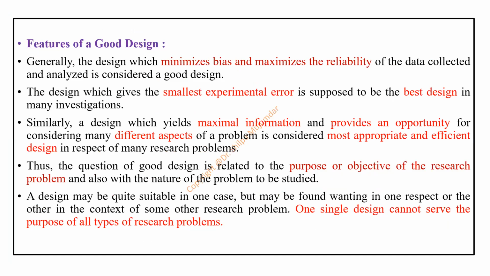Now, what are the features of a good design? A good design always minimizes bias and maximizes reliability. Bias, in the sense that you think you know that it is this way and you will go that way. No, it requires proof. So maximize reliability, in the sense of how the reliability will come.